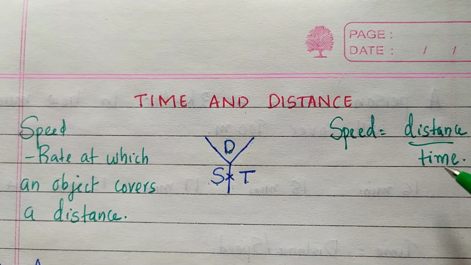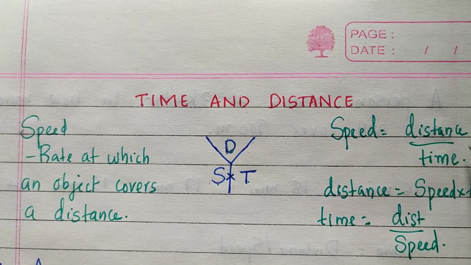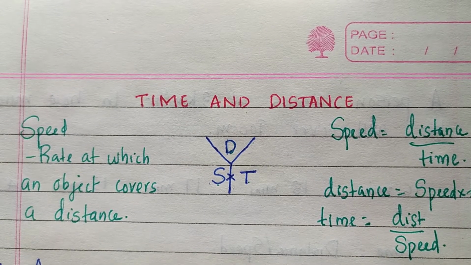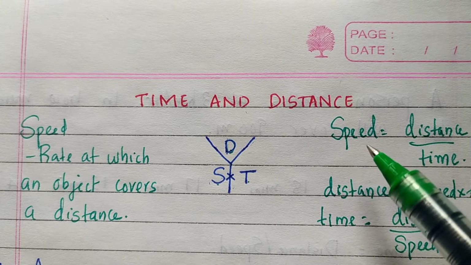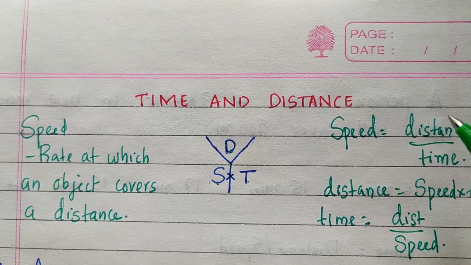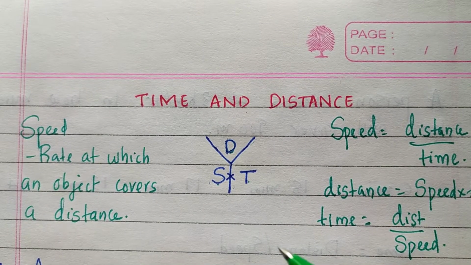If speed is more, time taken is less. Speed is equal to distance by time. Distance is equal to speed into time. Time is equal to distance by speed. We only have to learn one formula, that is speed is equal to distance by time. From that formula we can get the formulas for the others also.